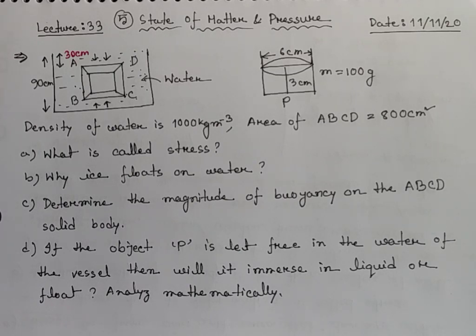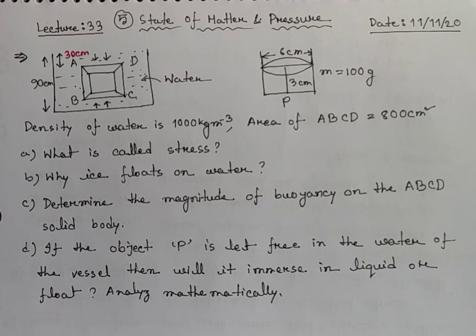Secondly, an object P is given whose height is 3 centimeter, its diameter is 6 centimeter, and its mass is 100 gram. The density of water is 1000 kg per meter cube. And the area of ABCD, the rectangular shaped area, is 800 centimeter square.